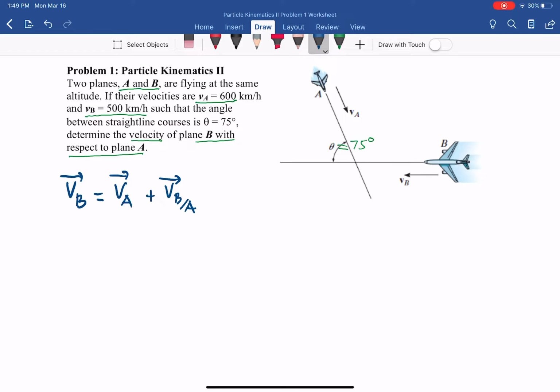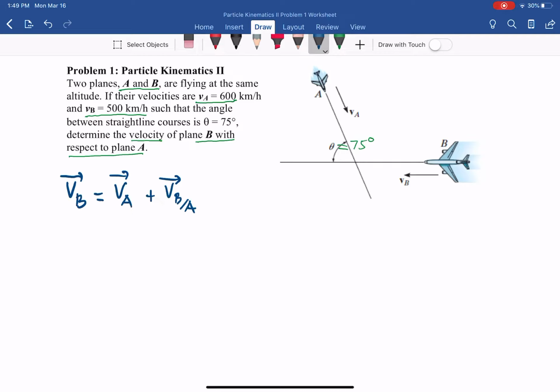And in the note, we're talking about how to solve the vector equation, either the relative velocity equation or the relative acceleration equation. In this case, relative velocity equation, we can use either the graphical method or resolving into components x and y, and then use two scalar equations to solve.